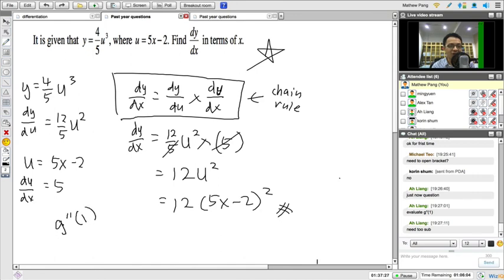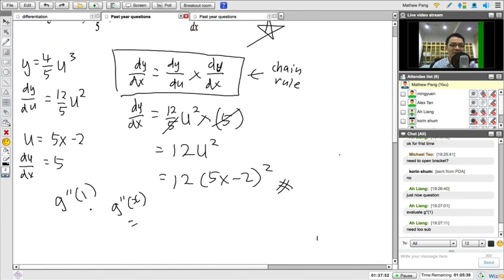If you say G2.1, what you need to do here is substitute 1 at the end. After you differentiate 2 times already, you substitute 1 into the x. At the end, because just now I only did it for x. If you see the question asking for 1 over here, that means at the end, once you have your equation, remember to substitute 1 into all the x. Okay?